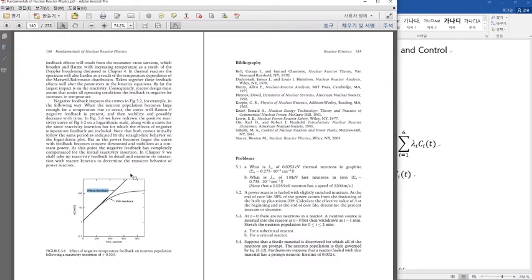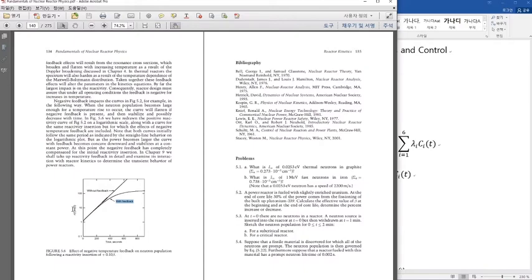So by providing negative reactivity, positive reactivity feedback will be given. If we consider such a feedback effect, then of course the change of neutron density over time will become more complicated than this simple exponential form. That will be considered in our coming chapters, basically chapters 8 and 9.